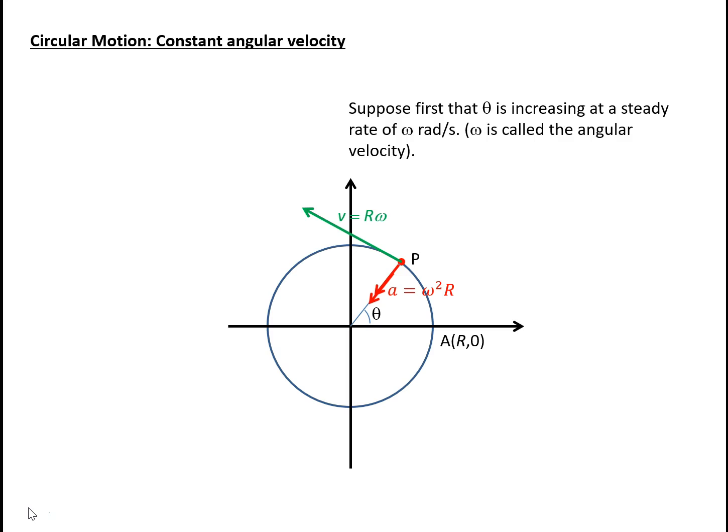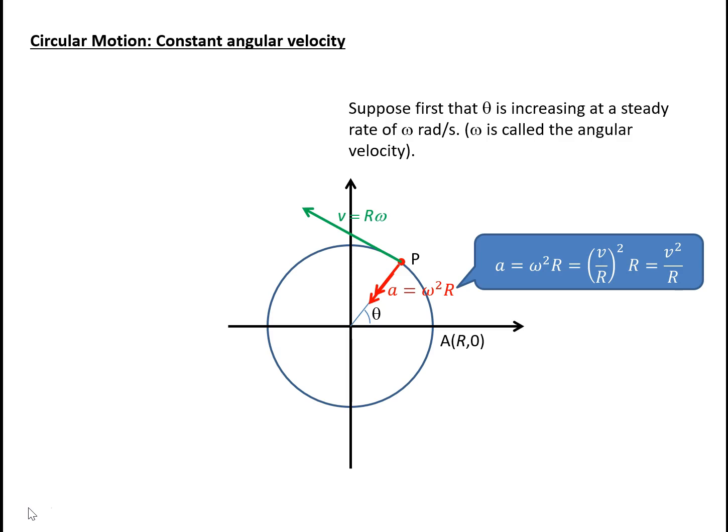Now we can make one final observation before proceeding. We know that the acceleration has magnitude omega squared r. We know that v is equal to omega r. So omega is the same thing as v divided by r. So the acceleration can be written as v squared over r times r.